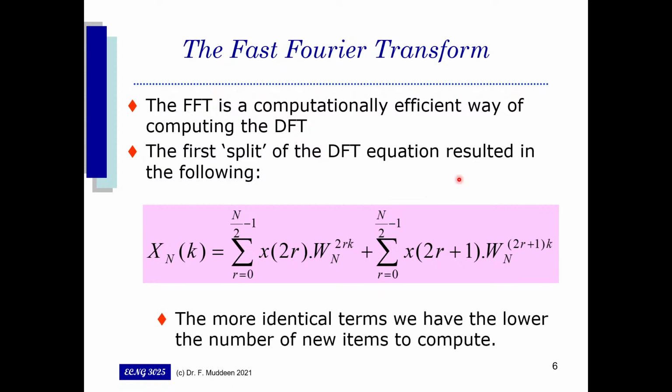Once we have a lot more identical terms because of these splits, that means we don't have to keep on computing new items. We can just reuse those values in particular. And that also allows us to speed up the DFT, because we also further reduce the number of calculations required.